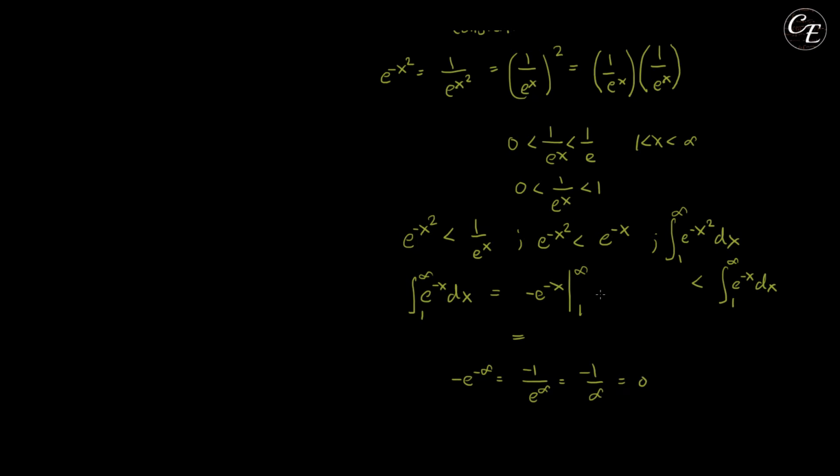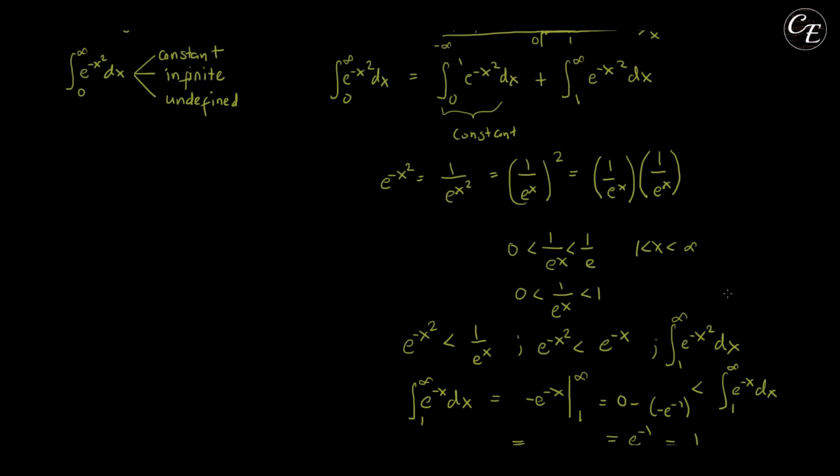So we'll get 0 minus, if we substitute 1 for x, negative e raised to negative 1. So this one is minus, and negative will give positive e raised to negative 1, or 1 over e. So this one is 1 over e, and this one is less than 1 over e.